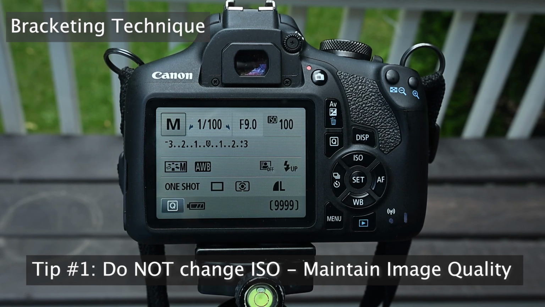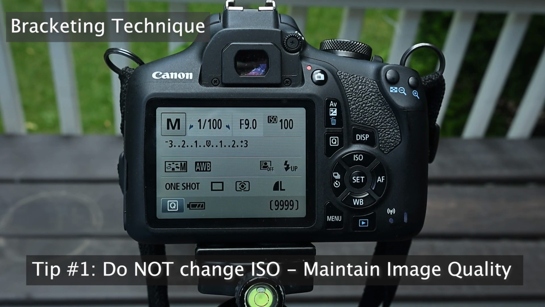Right now, for me, if I did the bracketing technique, I would stay underneath ISO 400. So I would maintain my image quality, but remember, bracketing is for those difficult lighting situations.